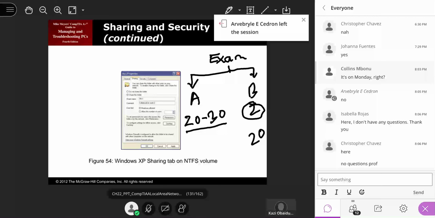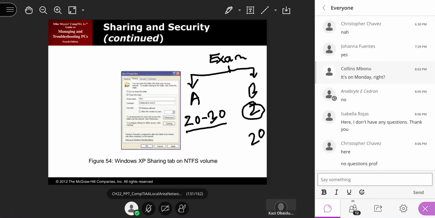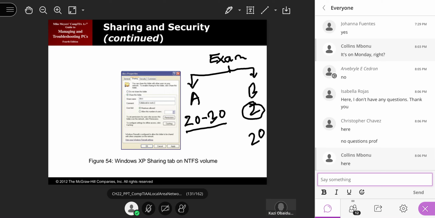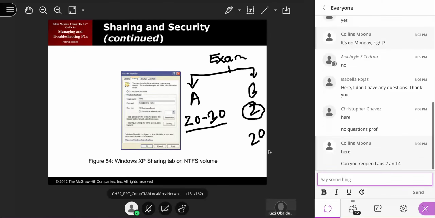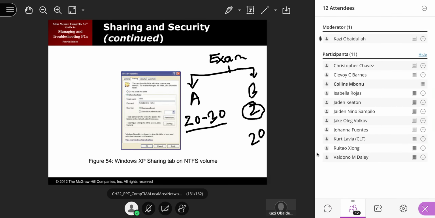Great. And then Collins. Oh, no, before Collins, Clayboy is here. Barnes. Oh, okay. Collins is here.